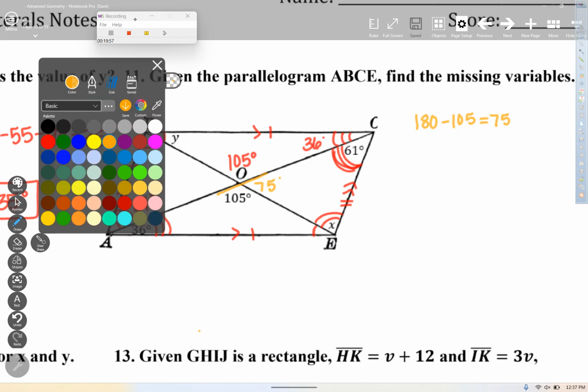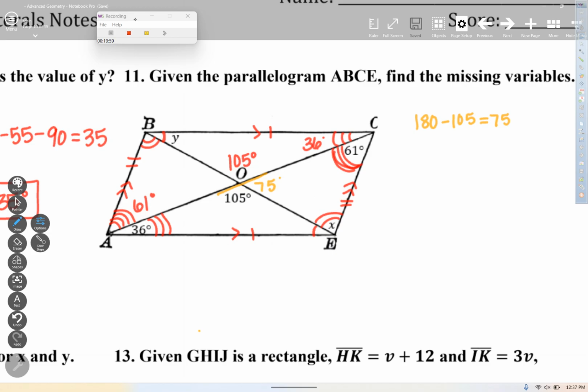Now I can start looking at my triangles that the variables are inside. So I have this one, x is inside of this one. Triangles are always 180 degrees. So we'll subtract the two angles I have, which is 61 and 75, and I'm going to get 44 degrees. So x is 44 degrees. Okay?